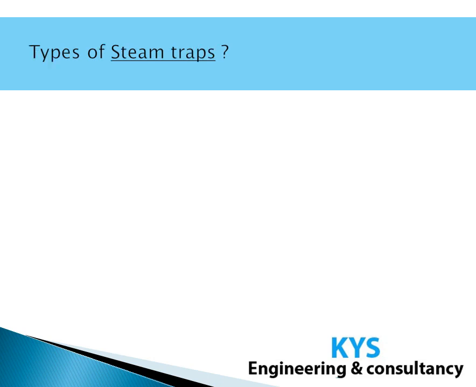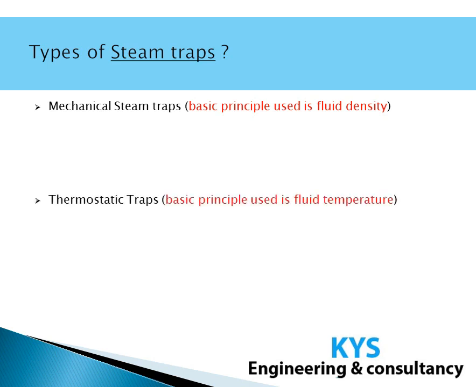Types of steam traps. Basically, as per the ISO international standard, all these steam traps fall under three categories. Mechanical steam trap, which operates based on change in fluid density. Thermostatic steam trap, which operates based on change in fluid temperature.